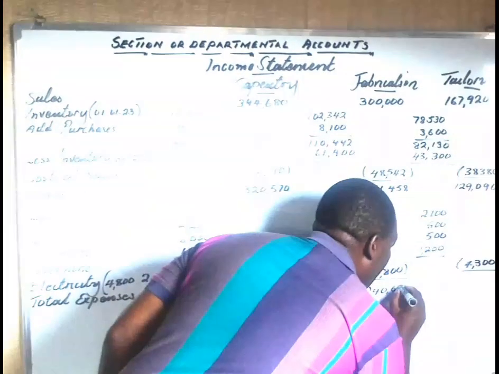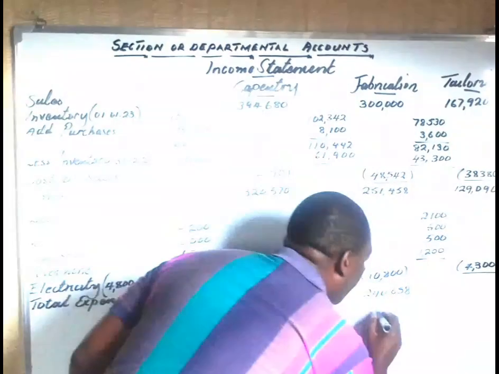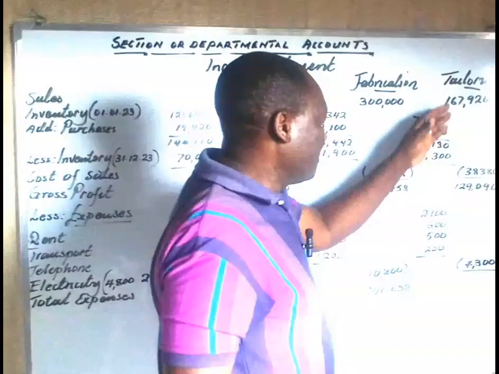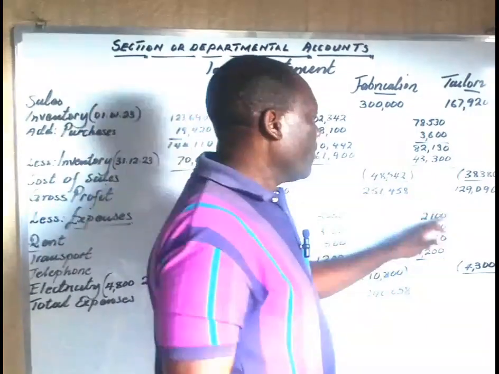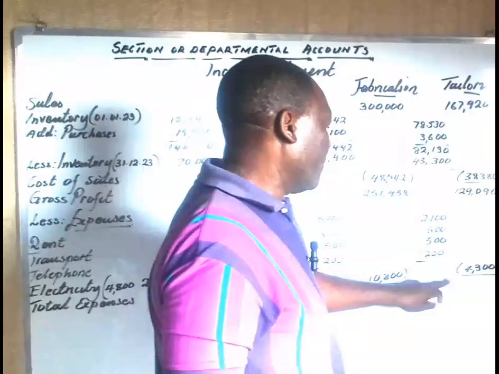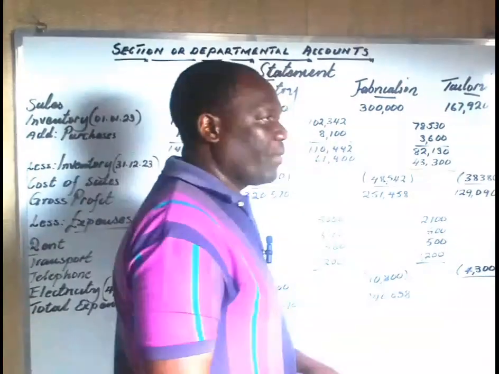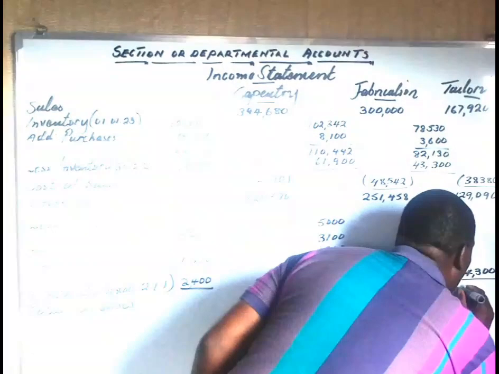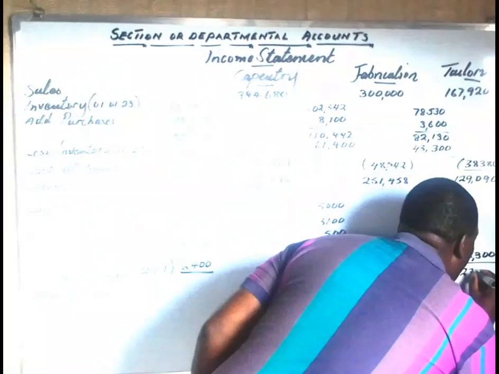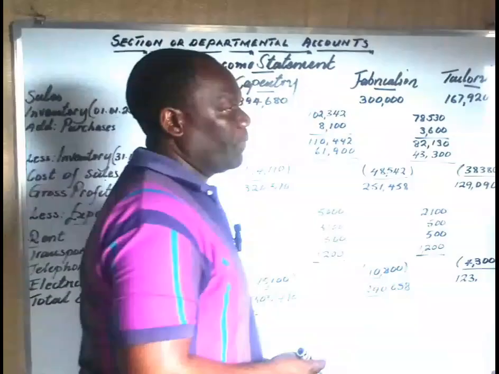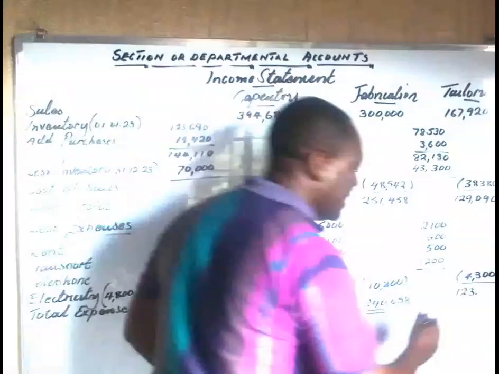So we come to the last department, which is tailoring. We have 129,090 minus 4,300. We are getting 123,790.